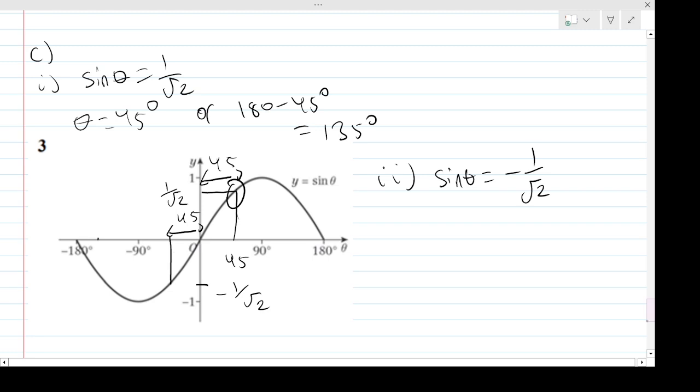To get positive 45, we added 45 to 0, because that was the gap of 45, to get to that solution there. But now I want this solution there, so I instead need to take away 45. So theta is going to be 0 take away 45, which is minus 45, sorry. That's the one solution.